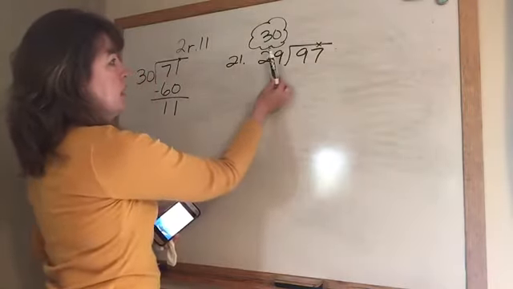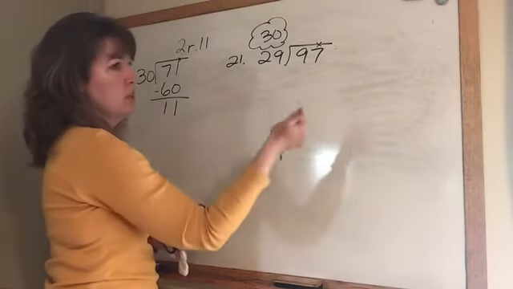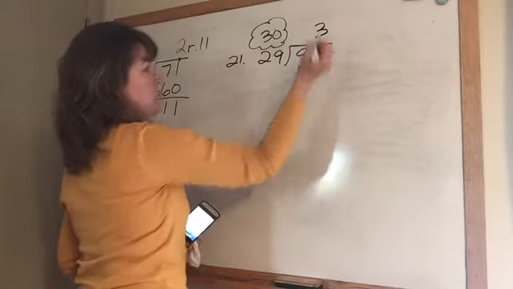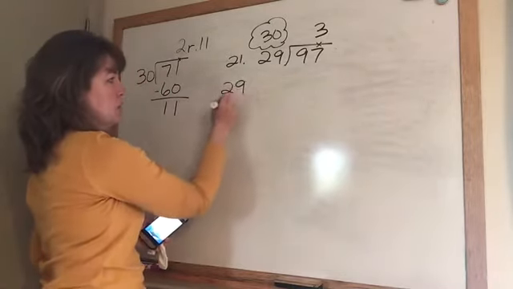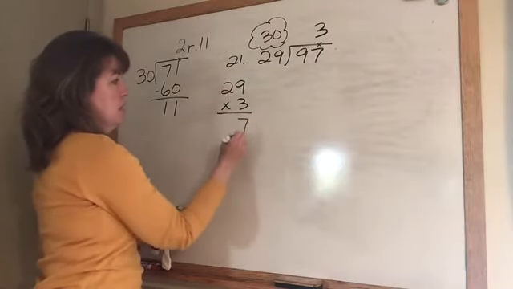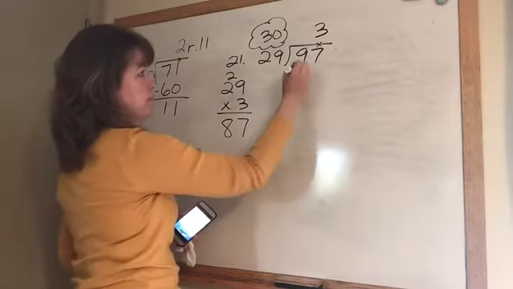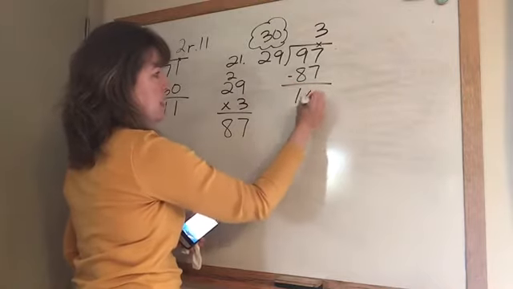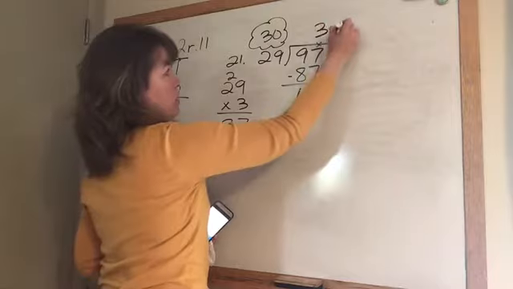So how many 30s are in 97? 30, 60, 90. So there's 3. Now we need to use the actual 29 to multiply. So 29 times 3 is 87. Subtract and we get 10. Is 10 smaller than 29? Yes. So remainder 10.